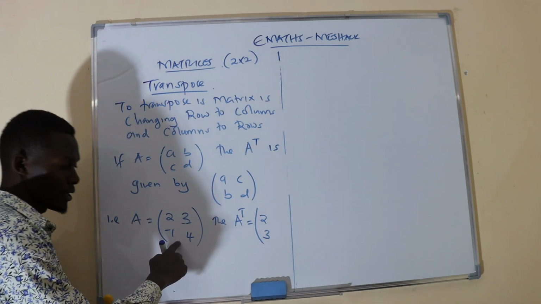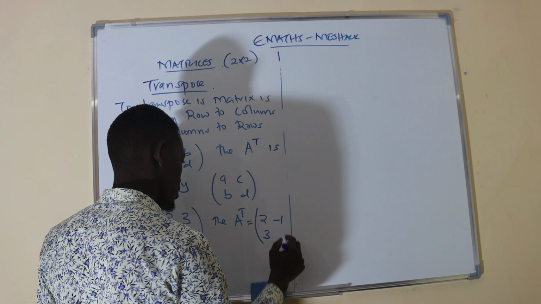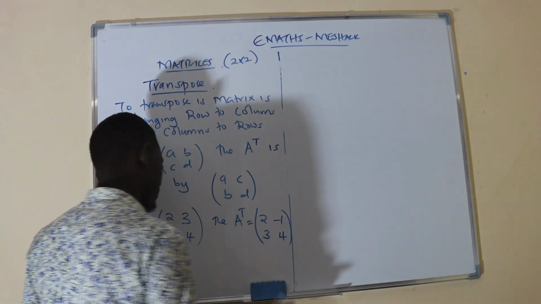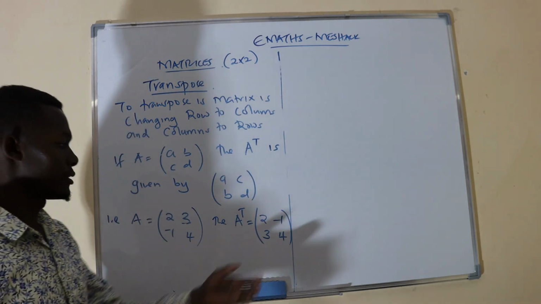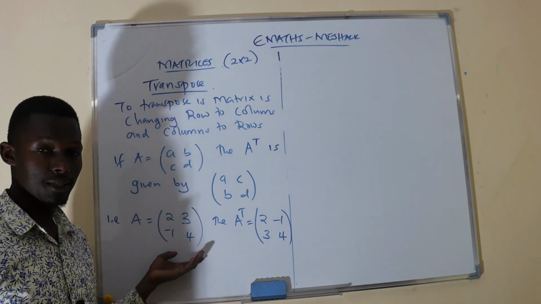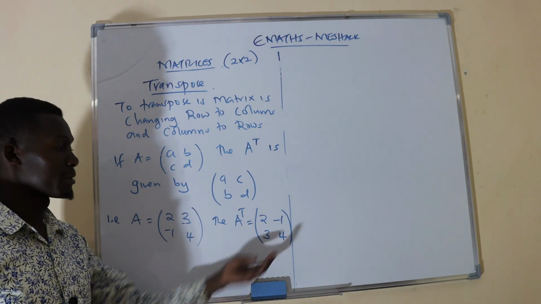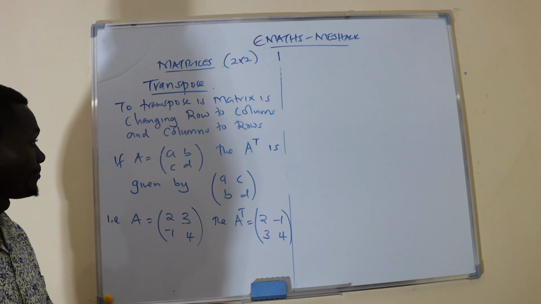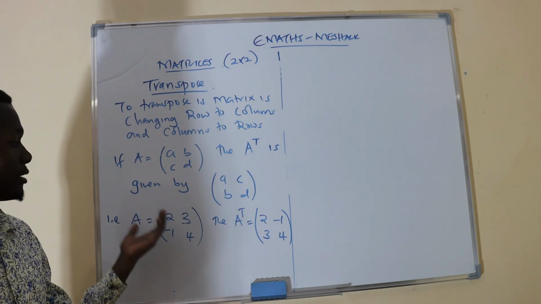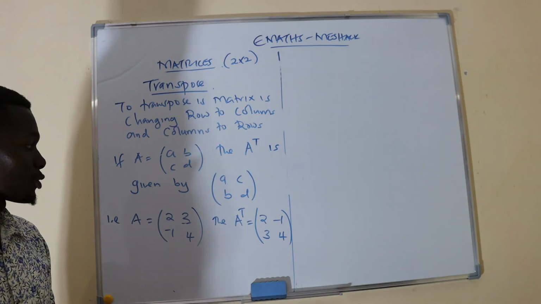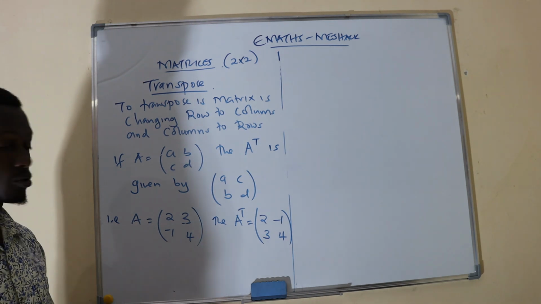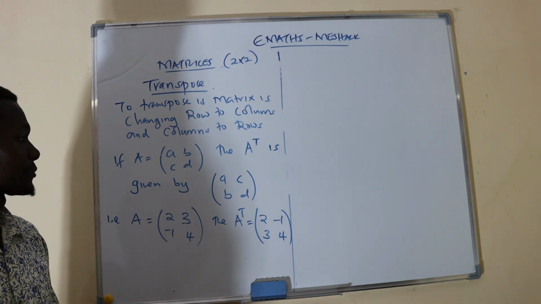Then the second row becomes the second column, so negative 1, 4. If this is your matrix A, then your A transpose shall be given by that. That is it. So you can try as many examples as possible to find transpose of matrices.